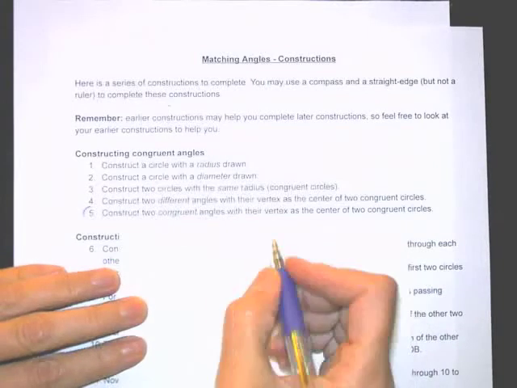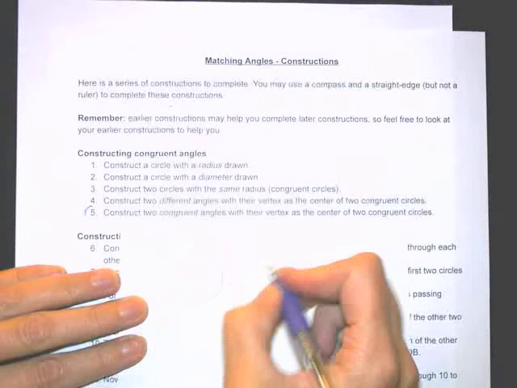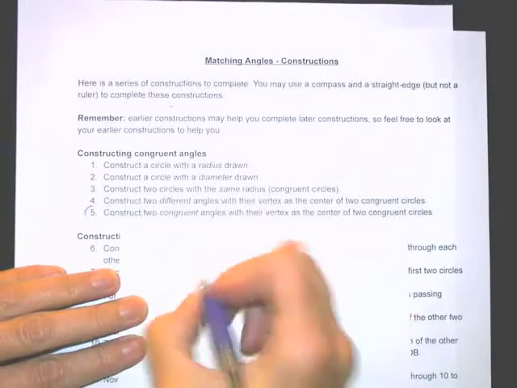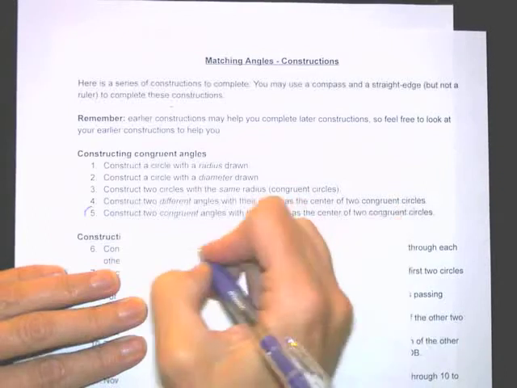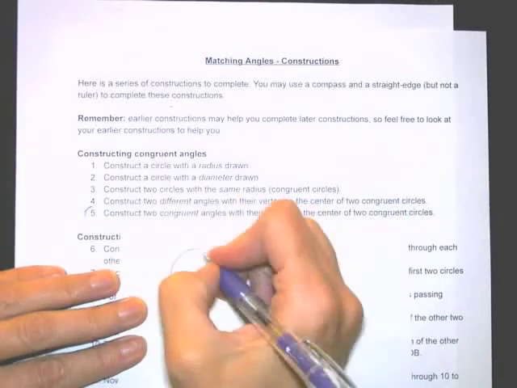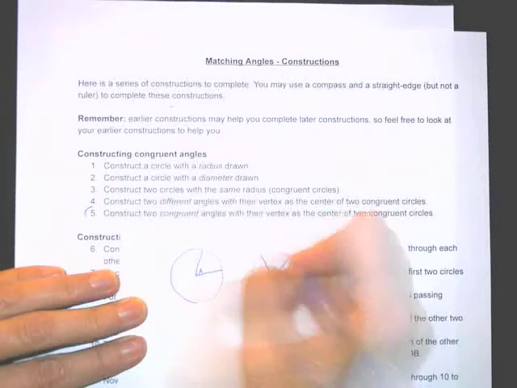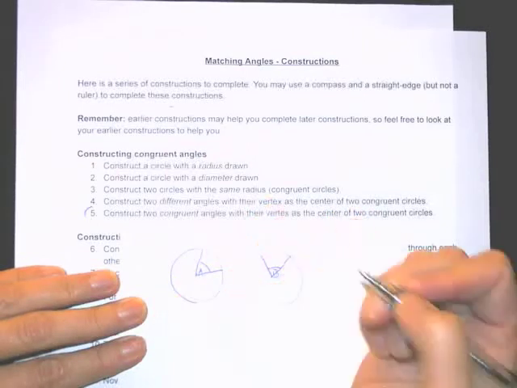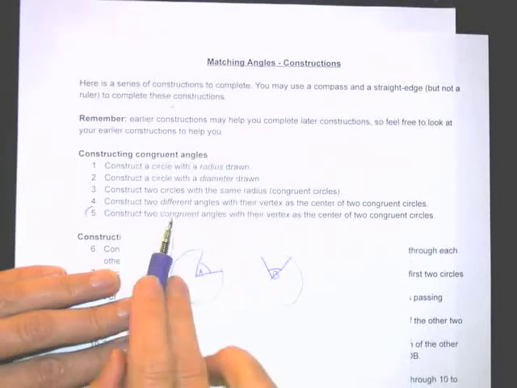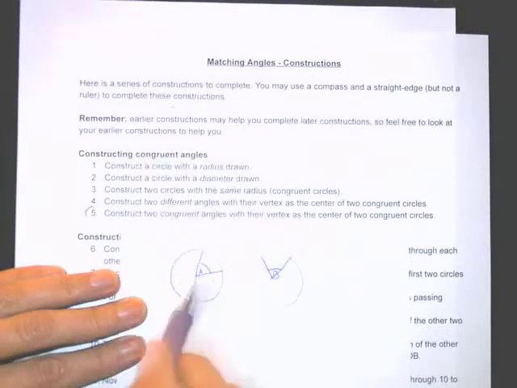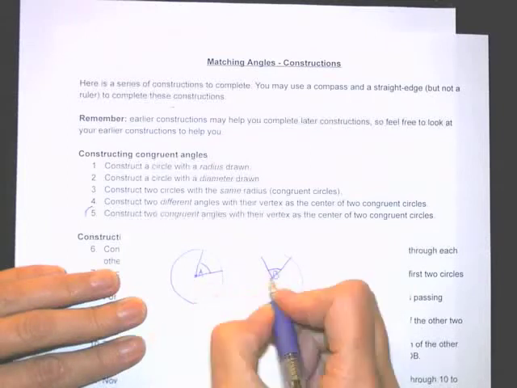What we would like to have is two congruent circles, circle A and circle B. And within those, we would like to have two congruent angles. This angle and this angle would have the same measure. So that's what we're aiming to construct: two congruent angles with their vertex as the center of two congruent circles.